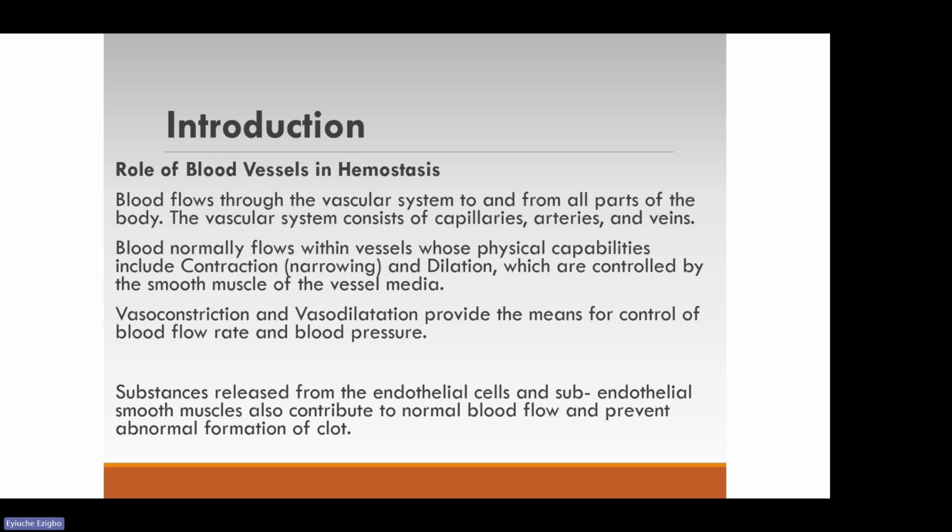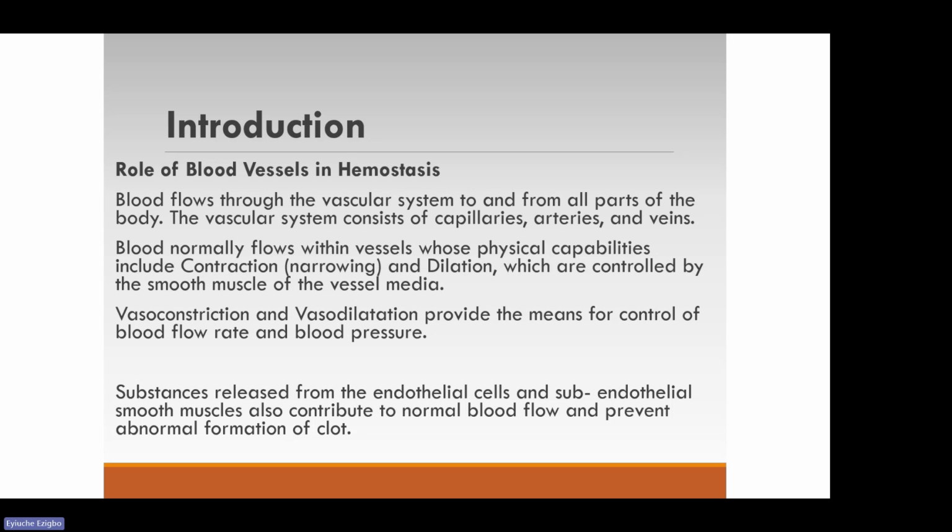Blood normally flows within blood vessels whose physical capabilities include contraction, that is narrowing, and dilation, that is widening, which are controlled by the smooth muscles of the vessel media. Vasoconstriction and vasodilation provide the means for control of blood flow rates and blood pressure.